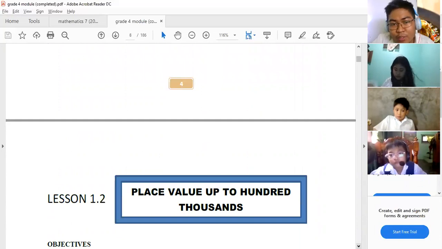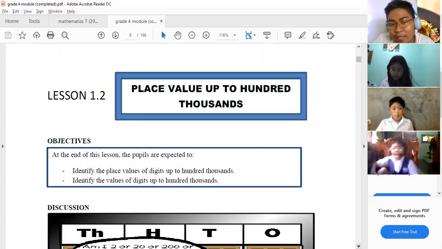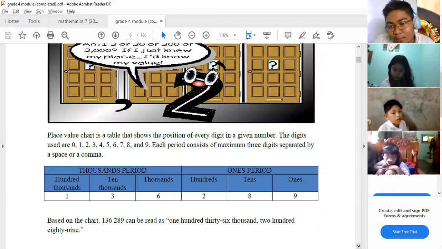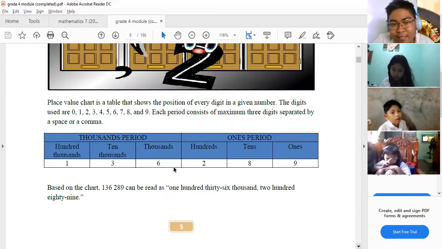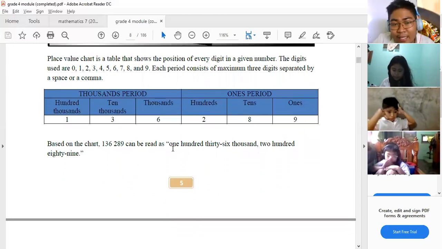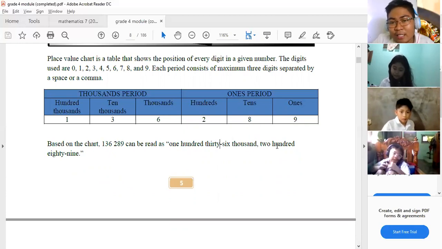Lesson 2 is place value up to 100,000. We have here ones, tens, hundreds, thousands, 10,000 and 100,000. We can read this number as 136,289.